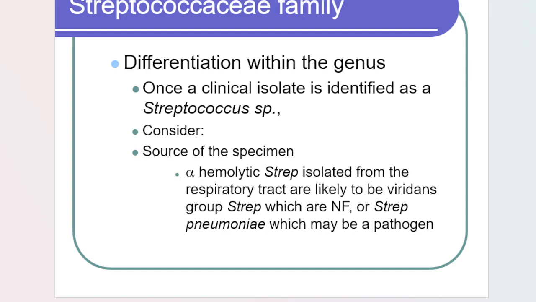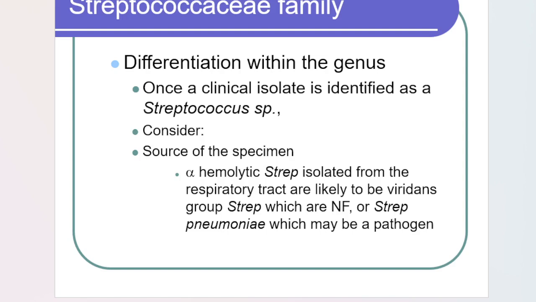So if in the identification process you are able to establish that the genus of the bacteria is Streptococcus, you have to consider a lot of things. Okay? So kung Streptococcus siya, you have to consider the following. The source of the specimen. So, saan siya? Sa urine ba? Or pharynx? Sa respiratory tract? Sa blood?